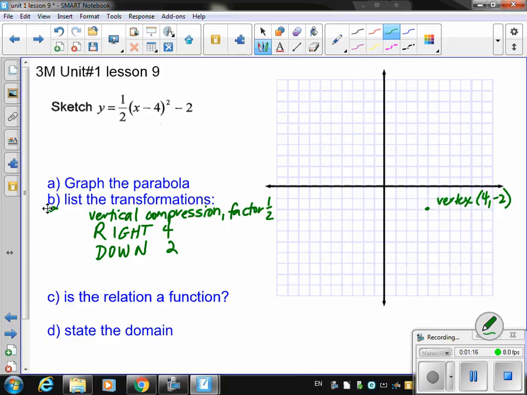It opens upwards because my a value is a half, but it is vertically compressed factor 1/2. So instead of over 1 up 1, I'm going over 1 up a half. And instead of, back to the vertex, over 2 up 4, I go over 2 up 2 on both sides. So my parabola would look like that.